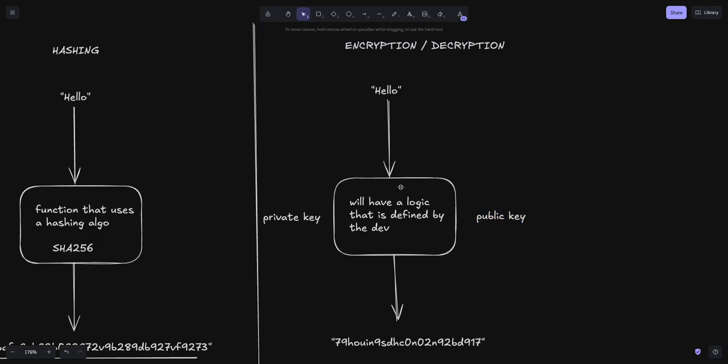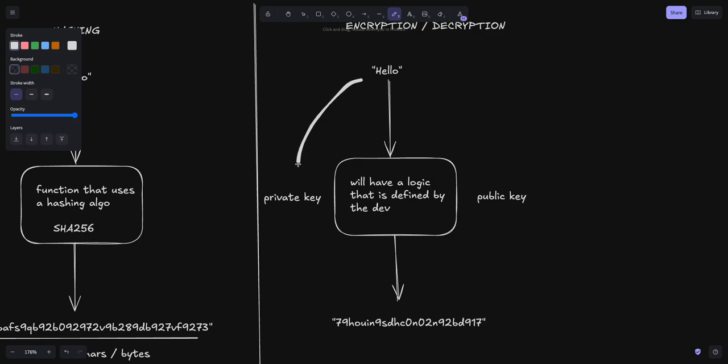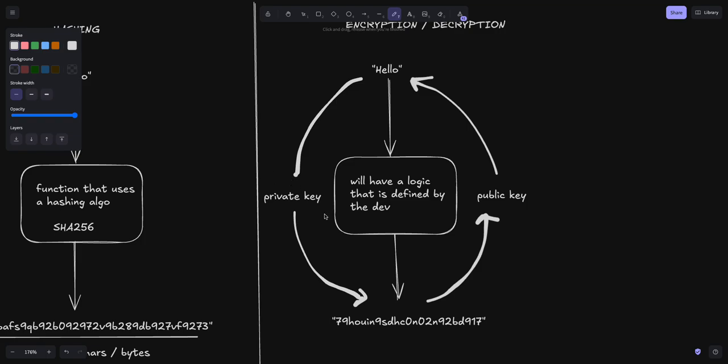So what does it say? If you want to encrypt, then it uses the private key. But if you want to go back and see what the original text was from this random string, you can use the public key, which has to be, please take care, the pair of this particular private key.